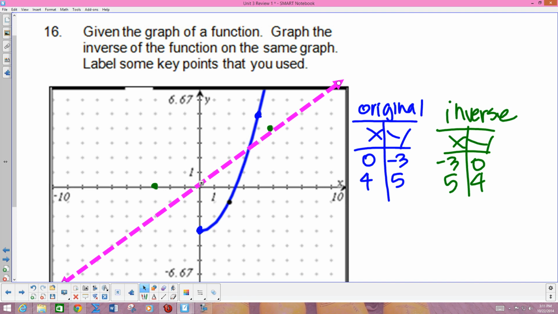Okay. So I want to look to see which way these points are going. Did I do something wrong here? 1, 2, 3, 4. 1, 2, 3, 4, 5. Am I in the right spot?